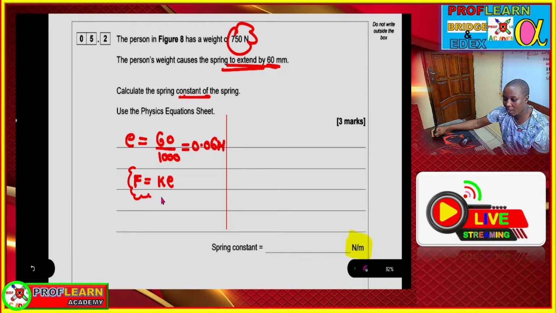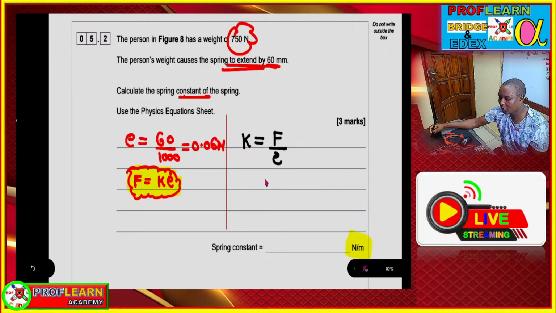So we are going to use this relationship to work out the spring constant of this particular spring. Don't forget that to work out the spring constant, K, it's going to be force over extension. That translates to 750 divided by 0.06 meters, in newtons.